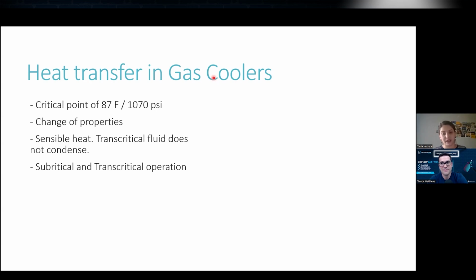And this is very important to consider, because the CO2 has some physical properties while working under the critical point, and has other physical properties while working as a transcritical fluid. Like for instance, the viscosity and the density are lower while working as a gas cooler.